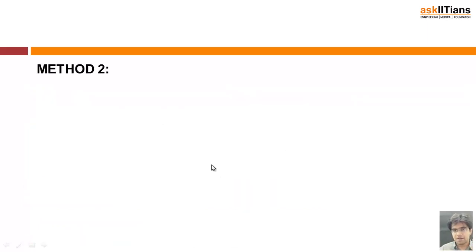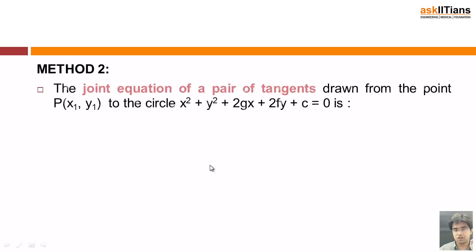A second method is to find the joint equation, that means the equation of both the straight lines in one go, the equation of the pair of straight lines, and those two straight lines will be the tangents. The joint equation of the pair of tangents drawn from point (x1, y1) to this circle is given by T squared equals SS1.